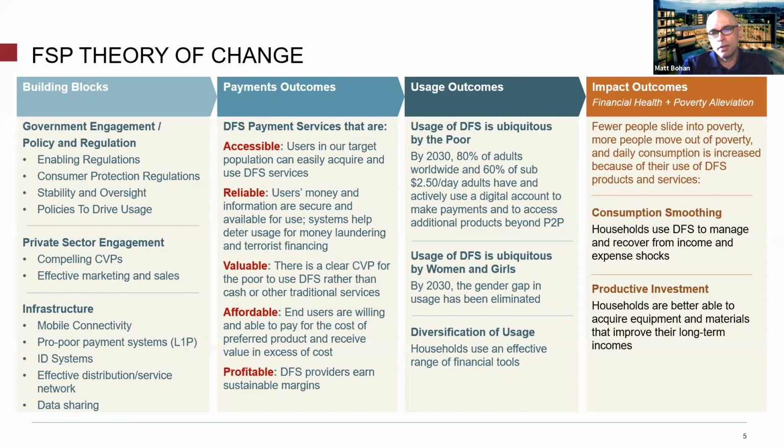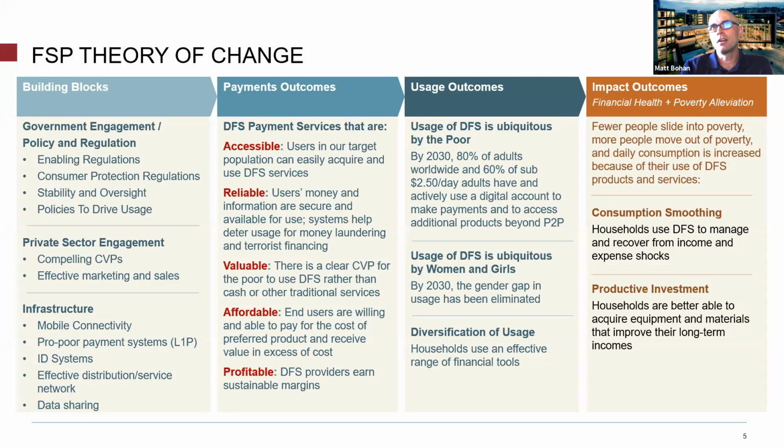The way that we think about this, and it's helpful to read this slide from the right side to the left, is starting with the impacts that we want to make. We want fewer people in poverty, and that's really what this is all about for us.